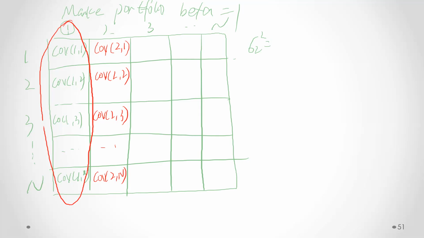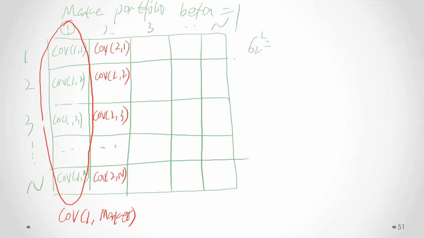In other words, it is measuring the covariance between the first asset and the market, because the market portfolio includes every asset. So if you sum up all the cells in column 1, you can treat it as the covariance between x1 and the market.